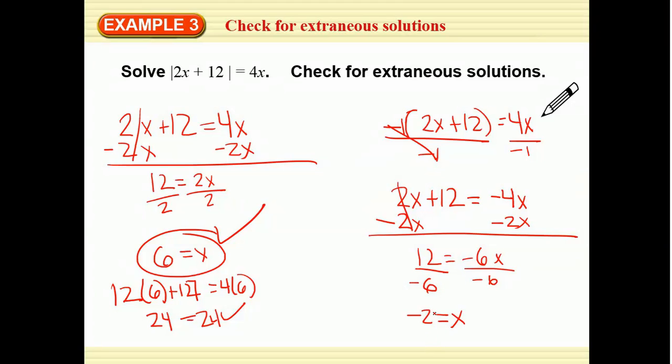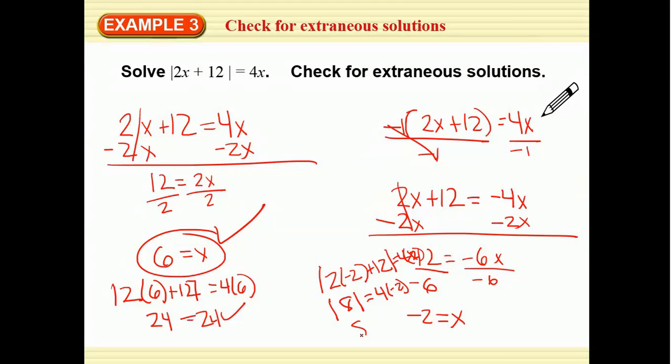Let's check negative 2. So I got the absolute value of 2 times negative 2 plus 12 equals 4x. Well, 2 times negative 2 is a negative 4. And negative 4 plus 12 is positive 8, right? Oh, I should have used negative 2 right there.